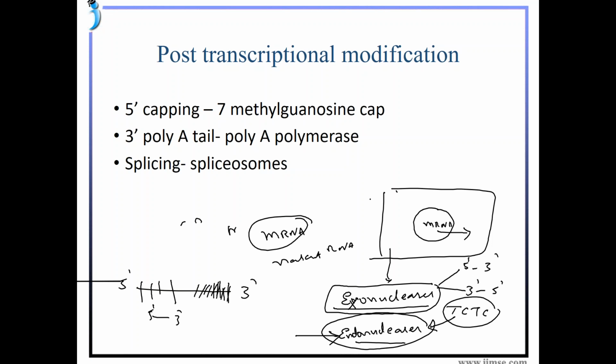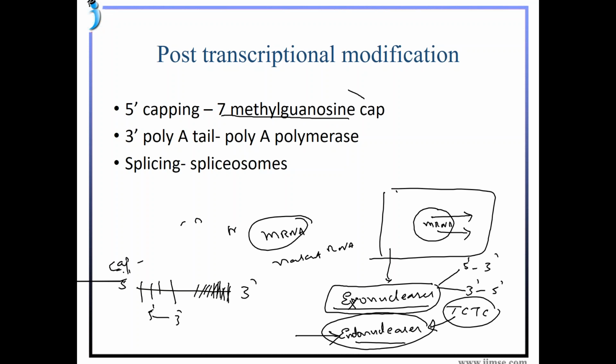So if mRNA goes to the cytoplasm without any protection, it will get chopped soon. So there is no use of synthesizing new mRNAs without utilizing them for protein synthesis. So we have some protective mechanism. So what do we have? At the 5' end we have a cap-like structure called the 7-methyl guanosine cap.